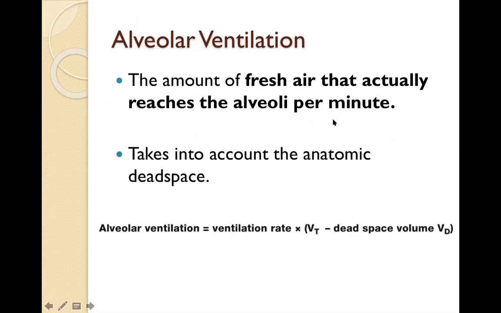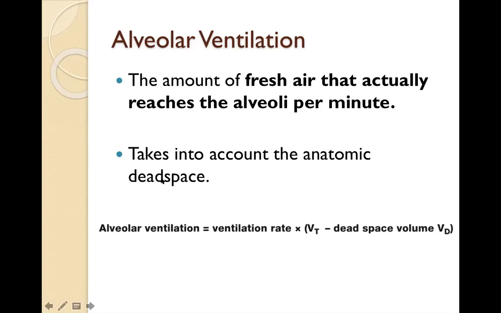Total pulmonary ventilation is just talking about the amount of air that's moving in and out of the lungs. It doesn't matter where it's going, it's just moving in and out of the lungs. But when we specifically talk about alveolar ventilation, it's specifically the fresh air that reaches the alveoli per minute. And the alveolar ventilation takes into account that anatomic dead space.